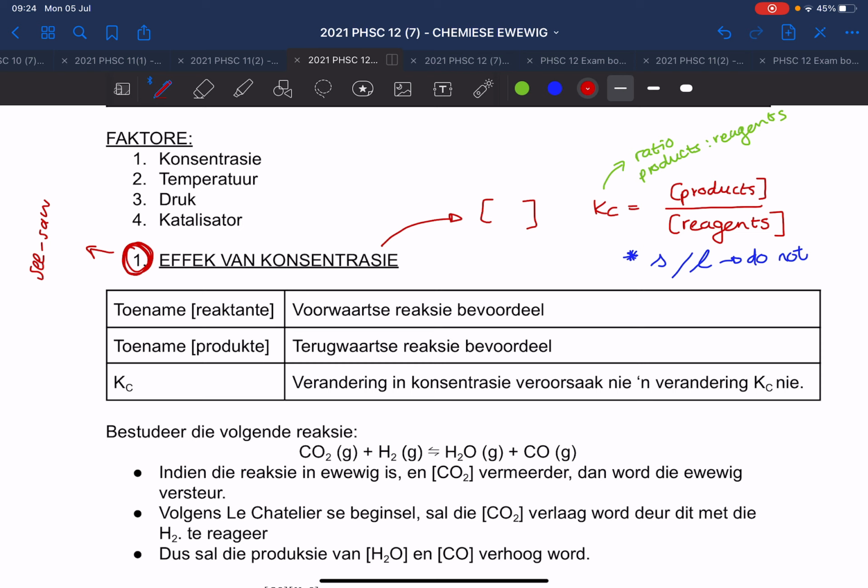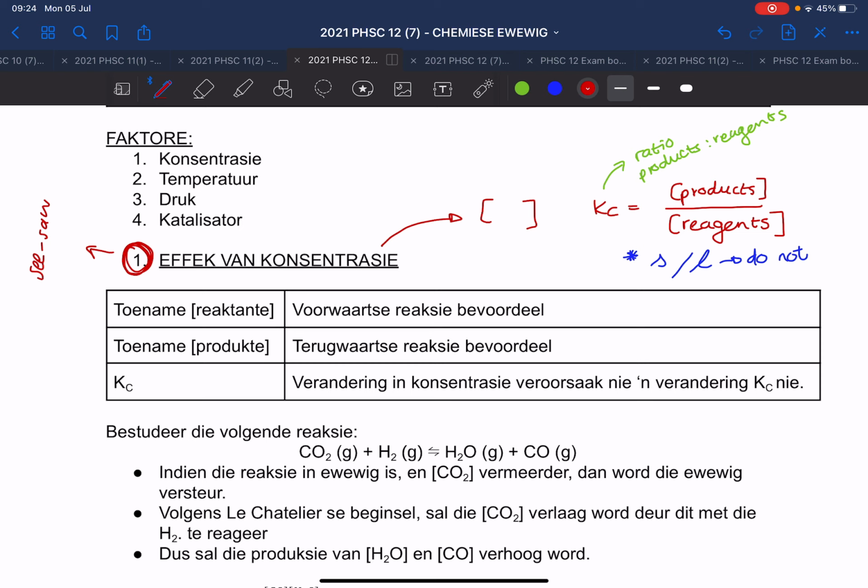If we increase the concentration of the products, as ons die konsentrasie van die produkte meer maak, dan gaan ons, nie produkte nie, reaktante, reagents, then our seesaw will go to the side of the reagents in our equation. Ons vergelyking wat ons neerskryf, dit plus dit is gelyk aan dit plus dit. So as ons konsentrasie van die reaktante meer maak, if we increase the concentration of our reagents, then our seesaw is off balance, off equilibrium, van ewewig af.